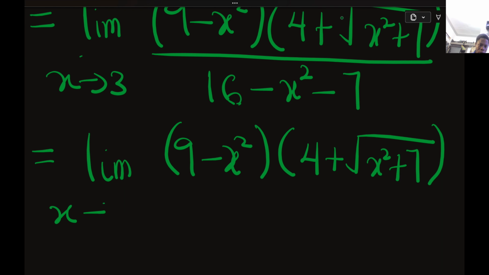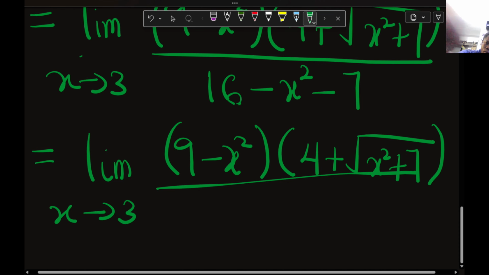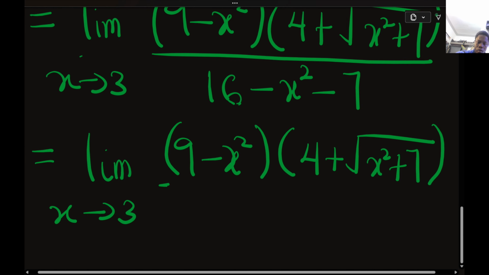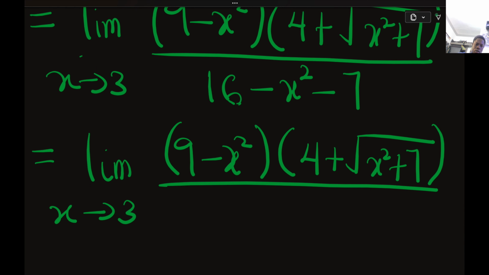Here, 16 minus 7 will be 9, so we now have 9 minus x squared, minus x squared, and so we have a common factor.